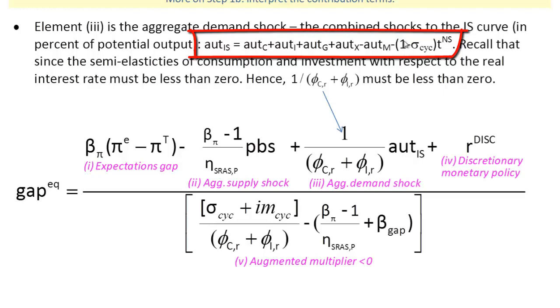They're going to be spending 1 minus the marginal propensity to save out of cyclical income of their tax cut. So that's part of AUT-IS. But then also, we're going to be talking in later chapters about shocks from abroad, net exports, exports minus imports. They're all in here, and we think of them as a shock to aggregate demand.